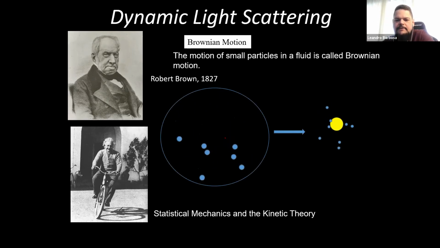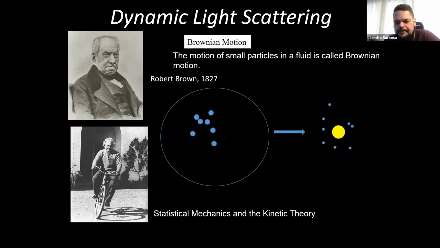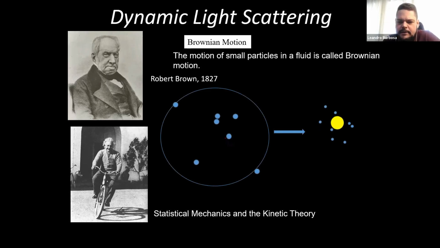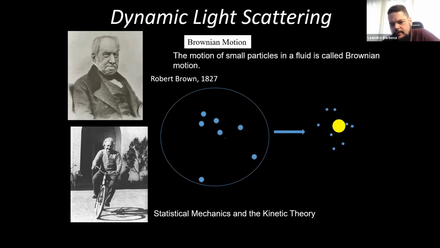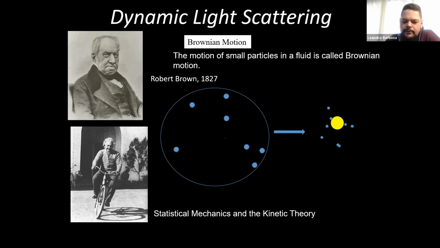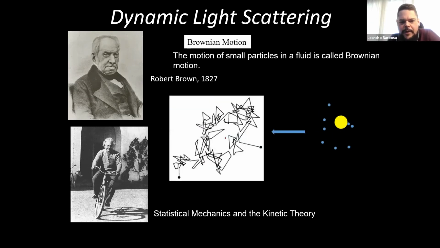This gives rise to a small resultant force in a particular direction. A moment later, the number of hits on one part is different from the other parts, giving rise to a force in another direction. Then you have this random movement depending on the number of hits on one part and the other part of your particle. And he made his PhD thesis on the statistical mechanics of this kind of movement.